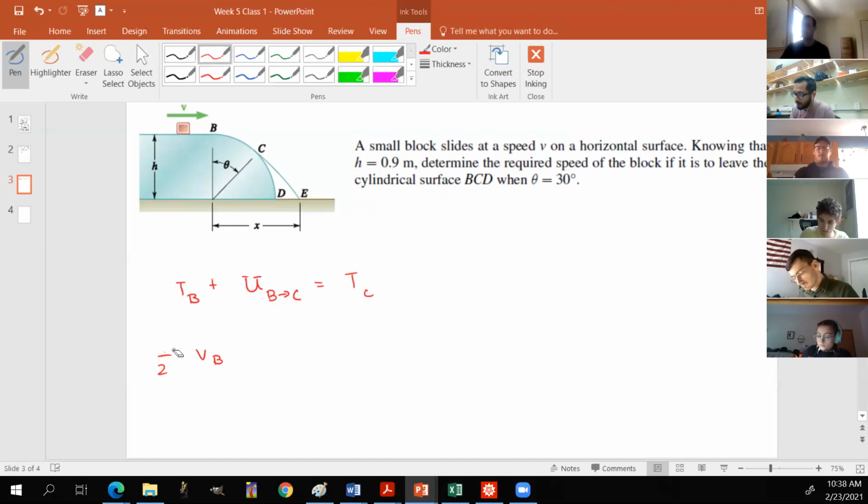All right, let's write these out one by one. The kinetic energy at B is equal to half m VB squared. Work done from moving from position B to C is going to equal what?